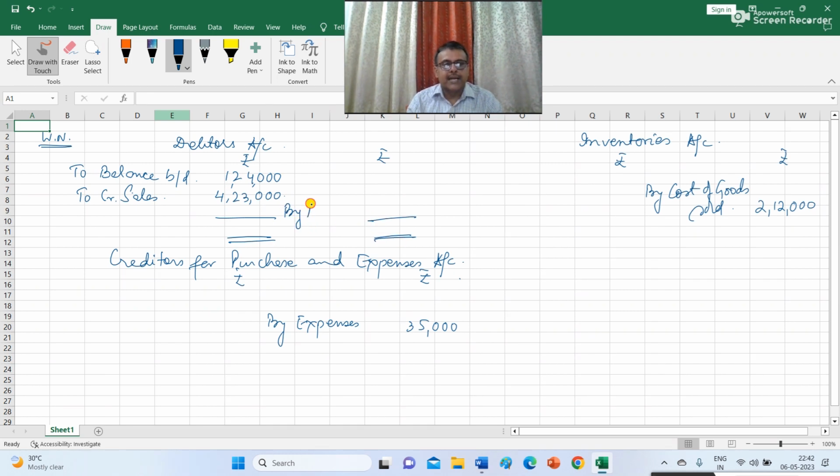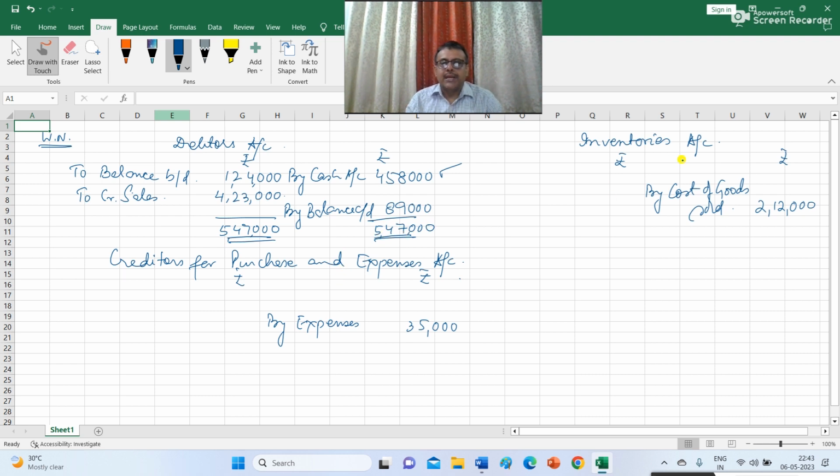So on the credit side I have to write by balance CD 89,000, and the balancing figure is the amount of cash received from debtor, which is 4,58,000. So this is the collection from debtors. The total of debit and credit side in debtor ledger is 5,47,000.